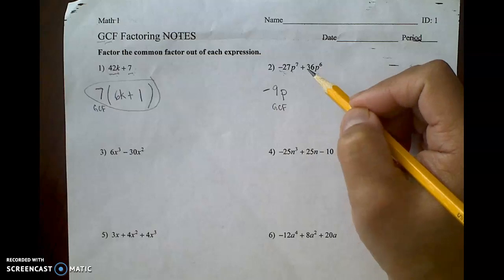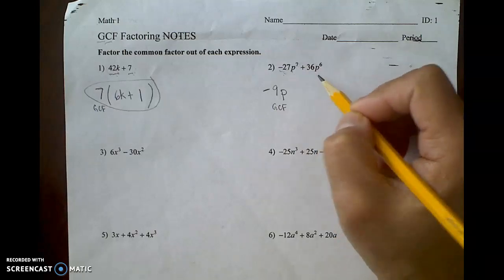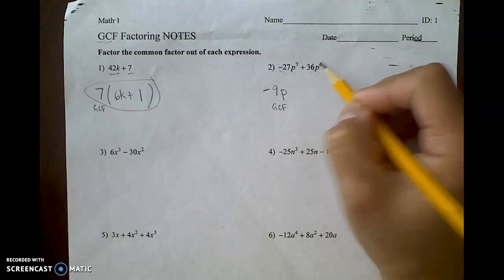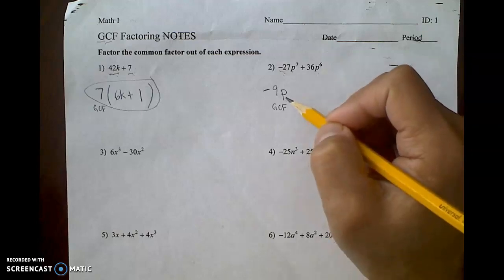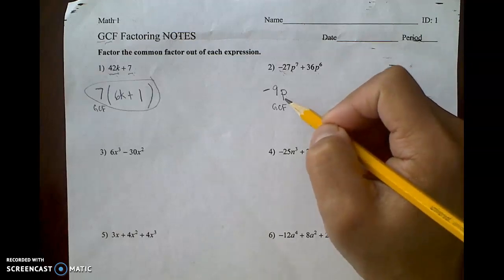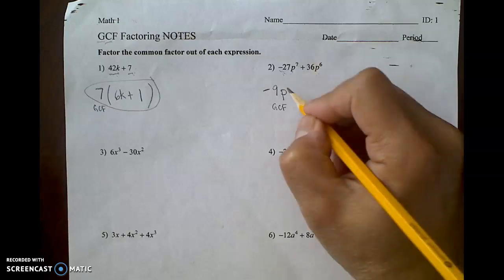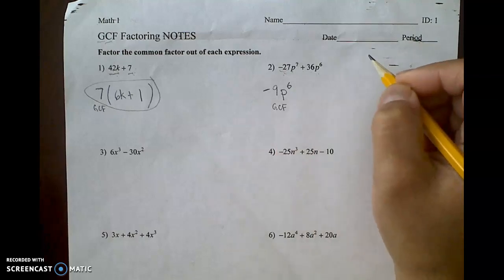Now, we've got one more thing we need to look at, and that is the exponents on those variables. This one has a 7, and this one has a 6. When you're trying to decide what exponent your variable is going to have in your GCF, it's always going to be the lowest exponent.